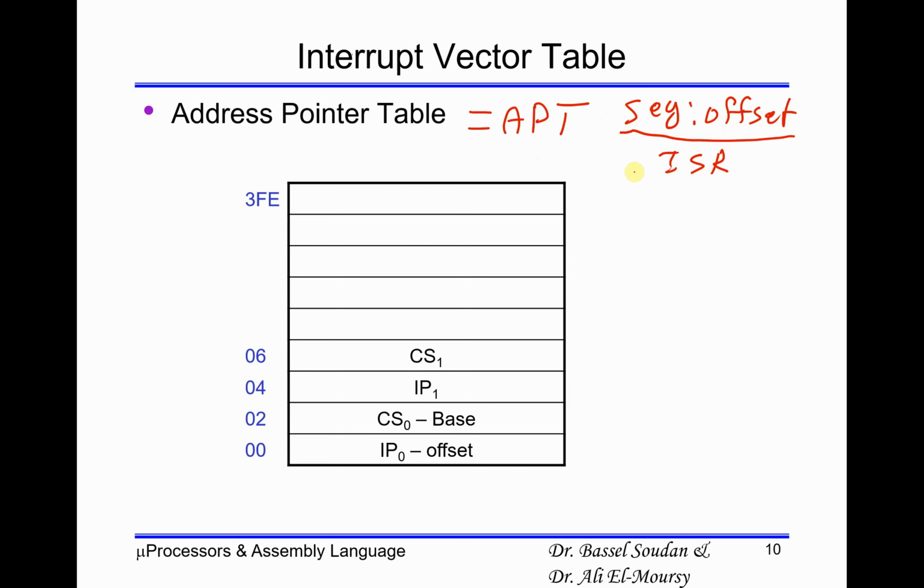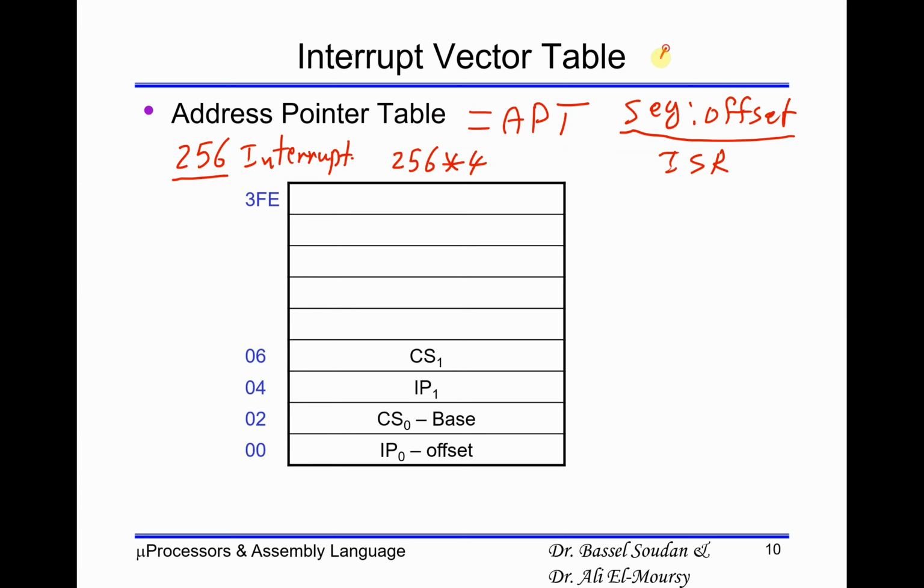If our machine has a total of 256 interrupts, as we just indicated, that means I need 256 multiplied by 4 bytes, because for each interrupt I need 4 bytes.